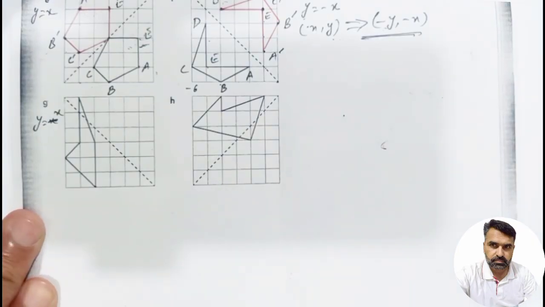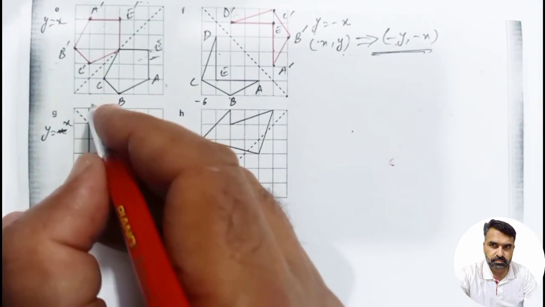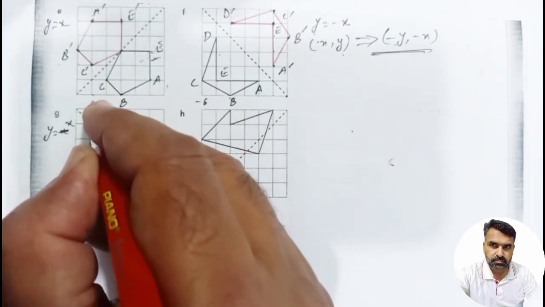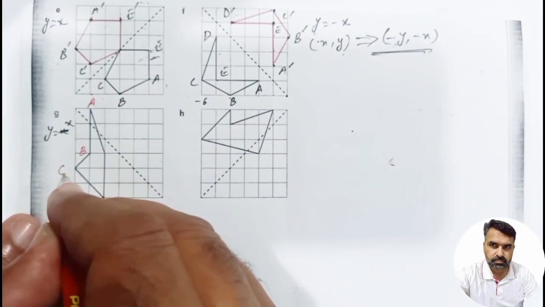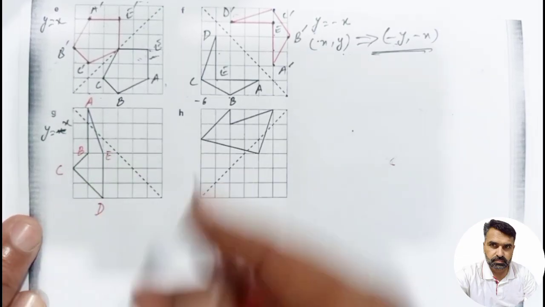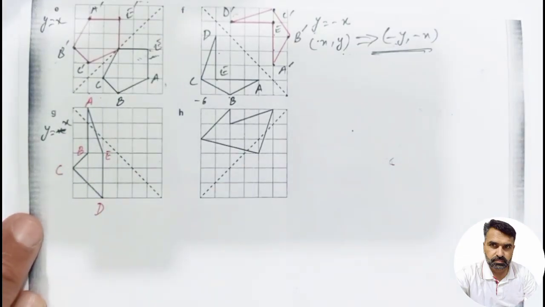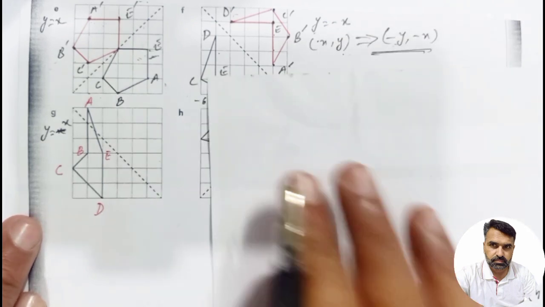Now students, it is a little bit complex figure. So first I name the coordinates. It is point A, it is point B, C, D and E. So students, we will find the coordinates according to the given information.